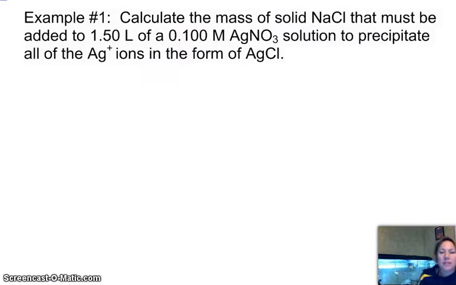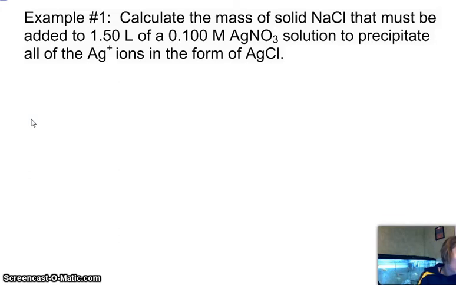Okay, so this is example number 1. It says calculate the mass of solid NaCl that must be added to that much silver nitrate to precipitate all of the silver ions in the form of silver chloride. So you have to be able to read these problems and figure out who is reacting.